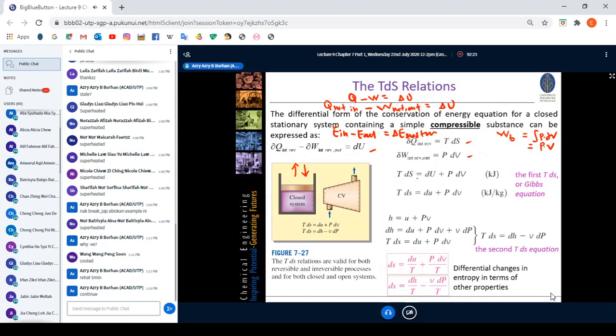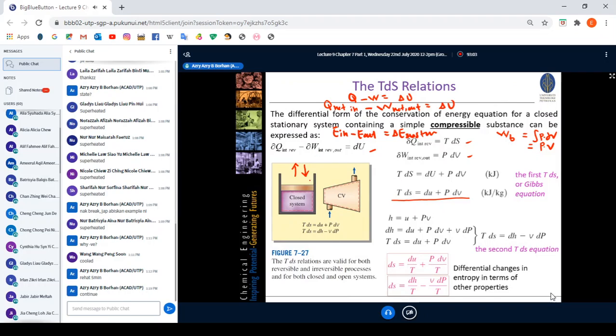You get TdS equivalent to delta U plus P times delta V. As you can see, everything is in capital, so the unit is kilojoule. If you divide per unit mass, T is still maintained as capital T, and only delta S, delta U, and delta V become smaller per unit kilogram. This is what we call the first TdS equation, or the first Gibbs equation: TdS equals delta U plus P times delta V.